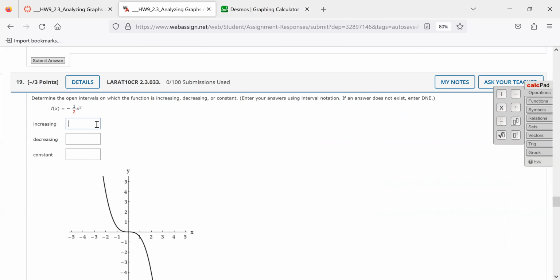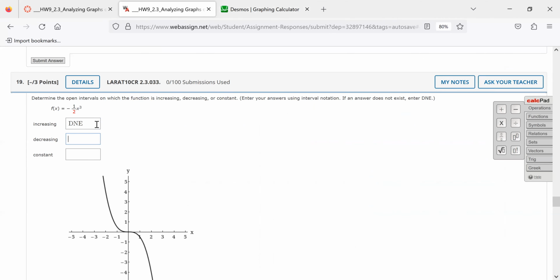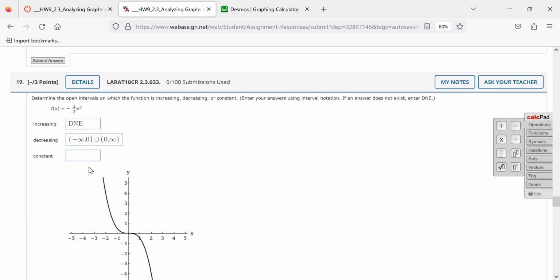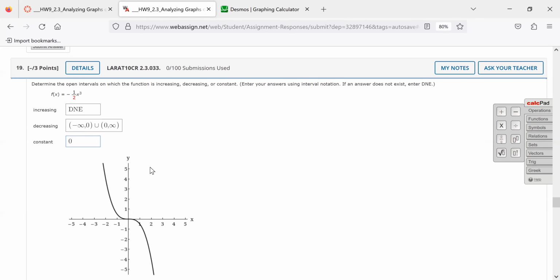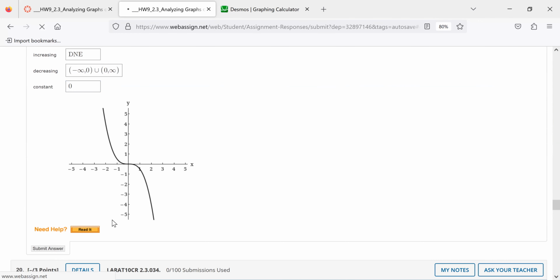I would say, oh, look, the graph's right there. I'm stupid. Let's do union. Yeah, that's cool. Let's see if it likes it.